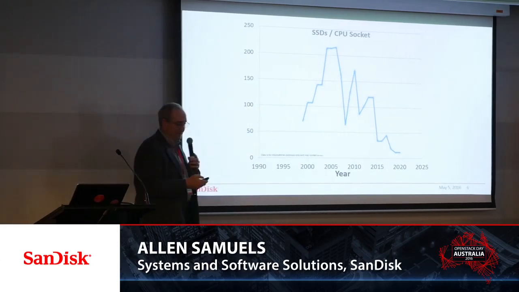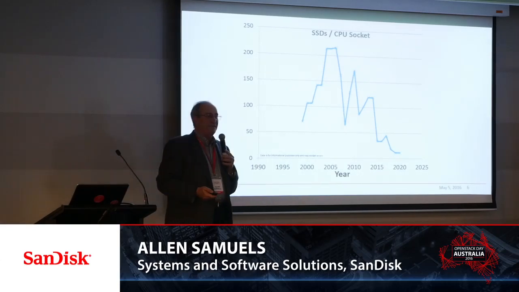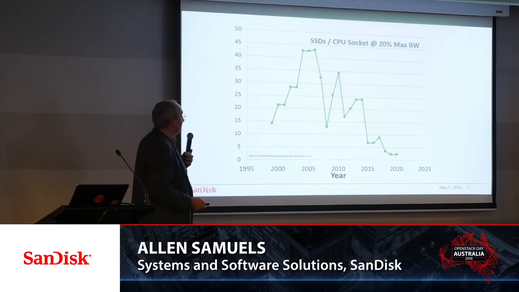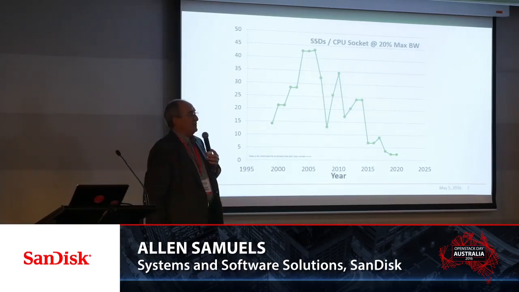That sounds pretty good. Trouble is, you actually want to do other things with that bandwidth in the CPU socket, like run your CPU, okay? So a typical Xeon class storage server doesn't run its memory at more than about 20% duty cycle. If the duty cycle of the memory starts to go above 20%, your CPU performance starts to drop off dramatically.